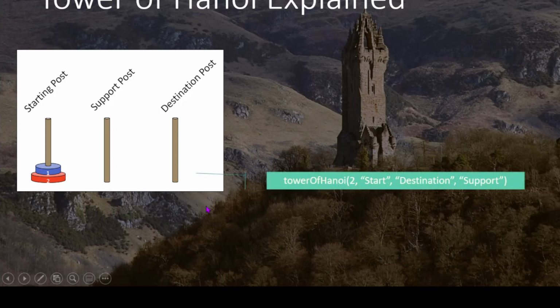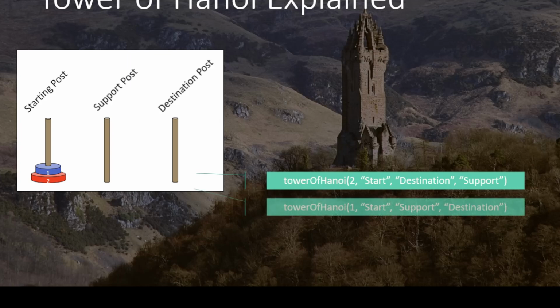So again, we say, well, we want to move the 2 disk from the starting point to the destination. And so again, we say, well, let's move disk 1 and just swap the definitions of those. If in our heads as humans, A is the starting post and C is the destination post, that kind of locks that information in our heads.